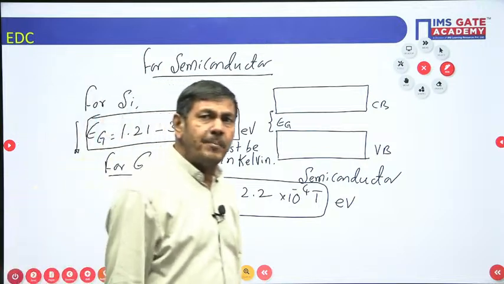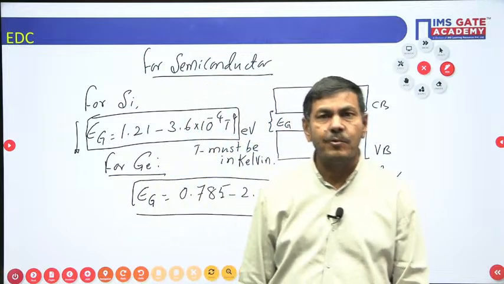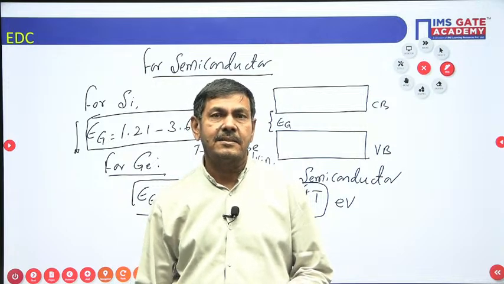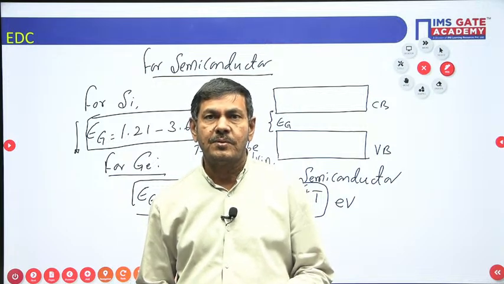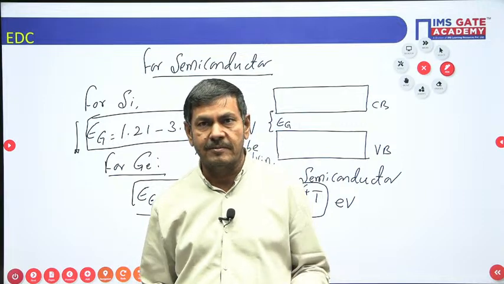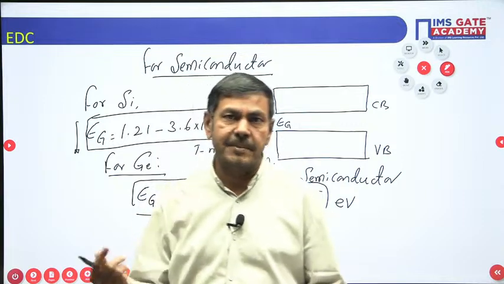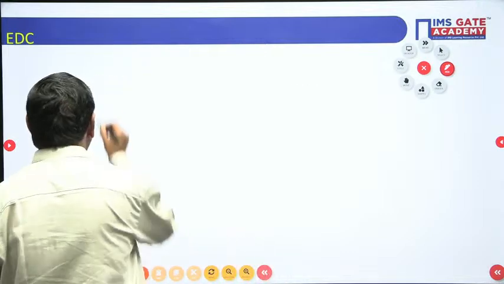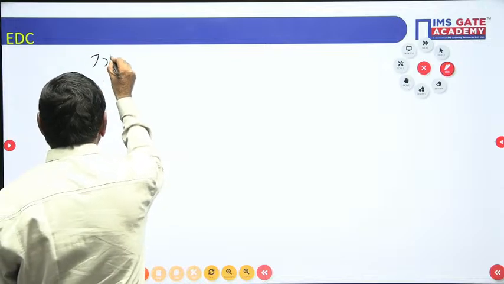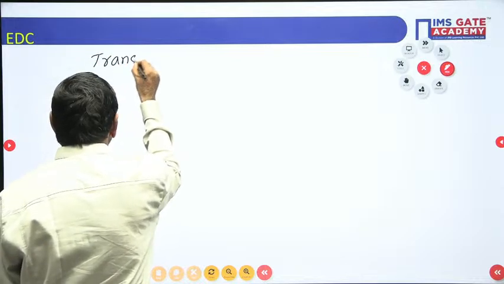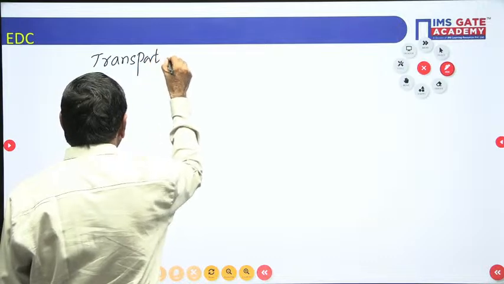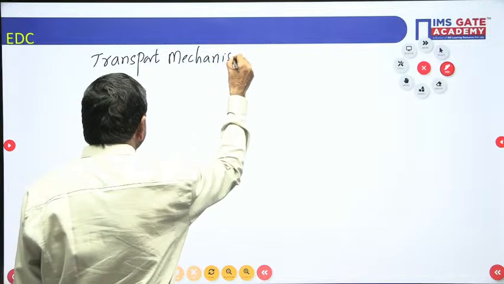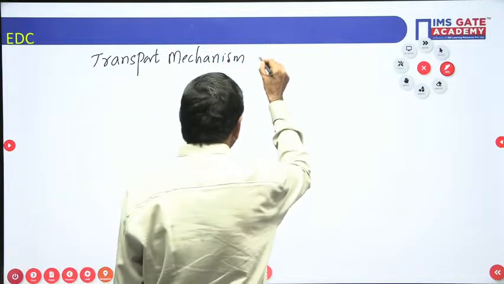Now the transport mechanism of a conductor is more important. Based upon the transport mechanism of the conductor, we are going to get the different parameters, and those formulas will be useful mostly in semiconductors.